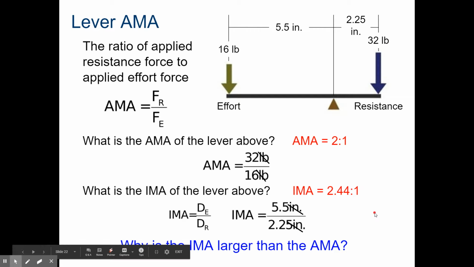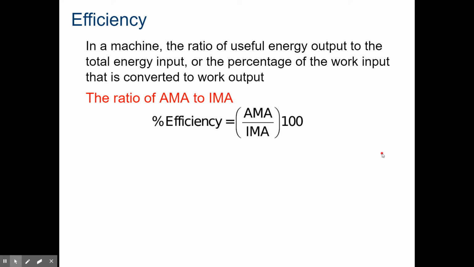Why is the IMA larger than the AMA? Because it doesn't take friction into account. Friction brings our number down. All right, efficiency. How efficient is our machine? Efficiency is the ratio of AMA to IMA. So here's another equation for us: percent efficiency equals AMA divided by IMA times 100. Make sure we get that equation down.